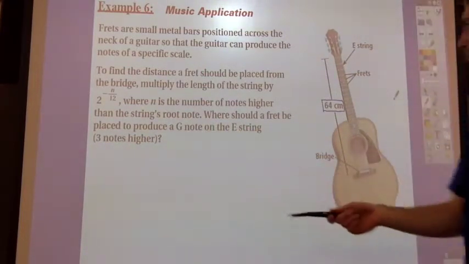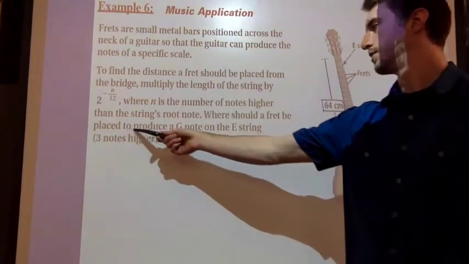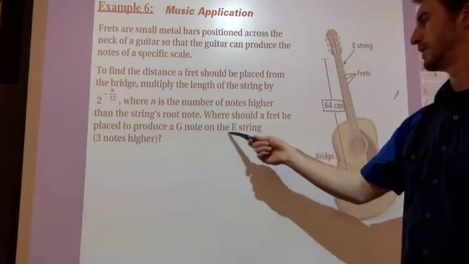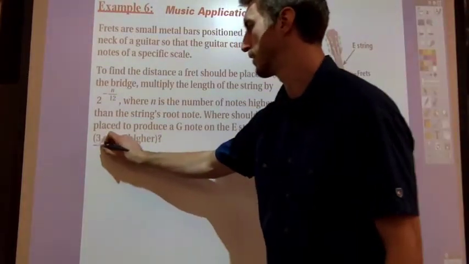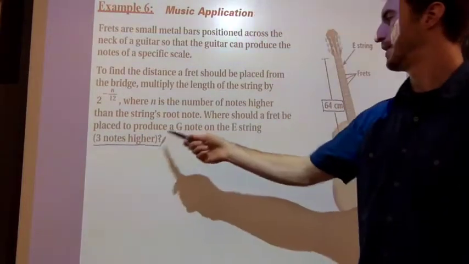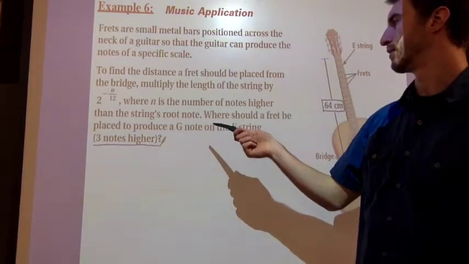Okay, so I guess the root note is something important. Where should a fret be placed to produce a G note on the E string? Good thing it tells us, because I wouldn't know that. G is 3 notes higher than the root note.